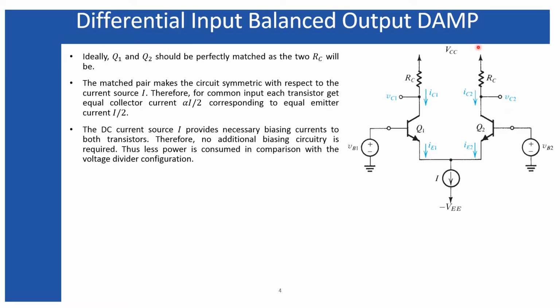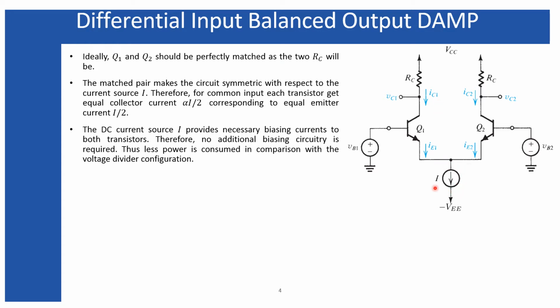You can see from this diagram of the differential amplifier that no complex biasing circuits are required as required for the voltage divider bias, because biasing means the setup of the Q point, and the setup of the Q point was done in case of voltage divider biasing by fixing the DC collector current.